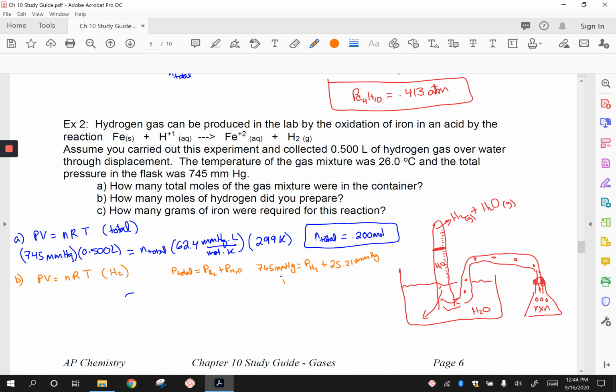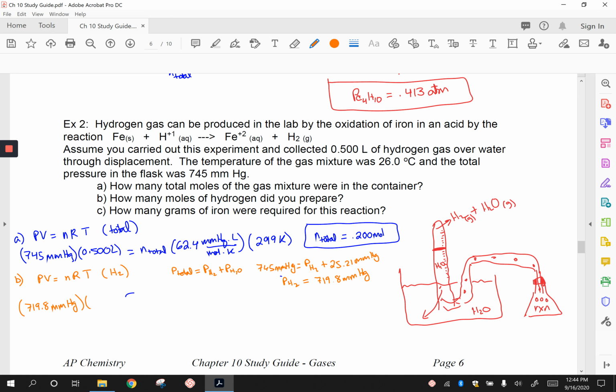And so I can get the partial pressure of just the hydrogen by subtracting those two numbers, and that gives us 719.8 millimeters of mercury. I'll round at the very end. So back to PV equals nRT, the partial pressure of just the hydrogen is 719.8 millimeters of mercury. The hydrogen gas takes the whole volume of the container, just like the water vapor takes the whole volume of the container. Remember, these are tiny particles in a large container.